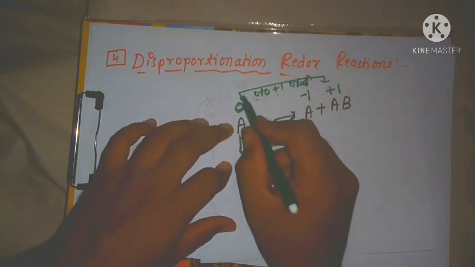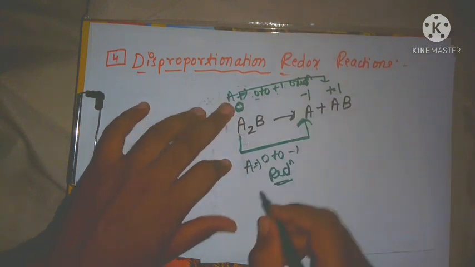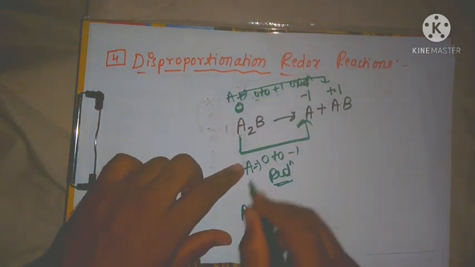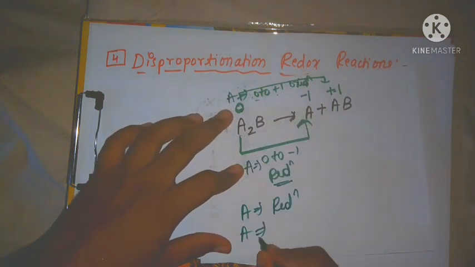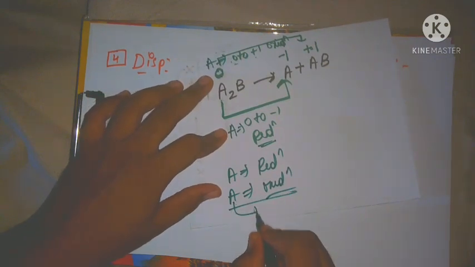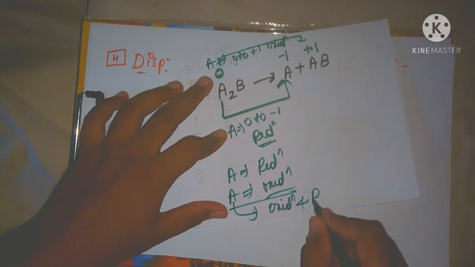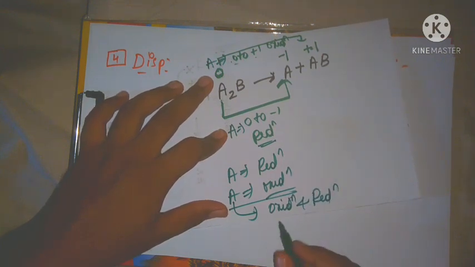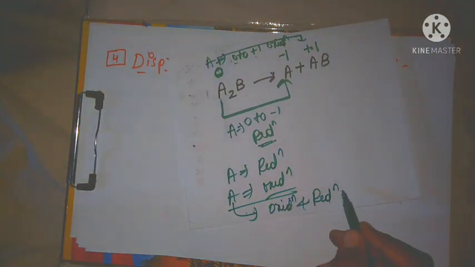Here the oxidation number of A is changing from 0 to +1. In the first case A is undergoing reduction, in the second case A is undergoing oxidation. That is, the same element A undergoes both oxidation and reduction.